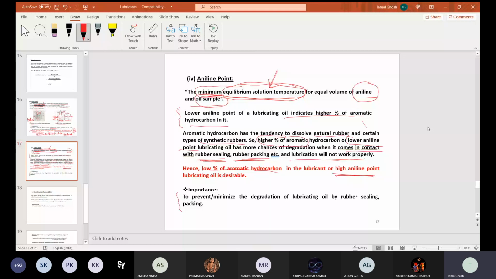Even if you increase the temperature, they won't mix. And there will be some situations when two liquid substances are not mixing or miscible at room temperature, but if you increase the temperature, they will be miscible.